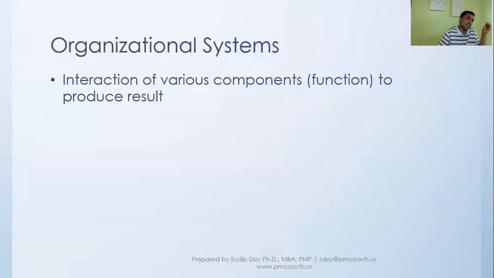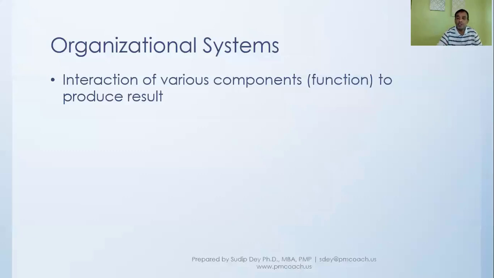There will be production, finance, HR, all these different parts, different functions, sub-functions. All these different components of the system actually come together to drive that organization forward. And there is always an interaction between these different components or functions in that organization.